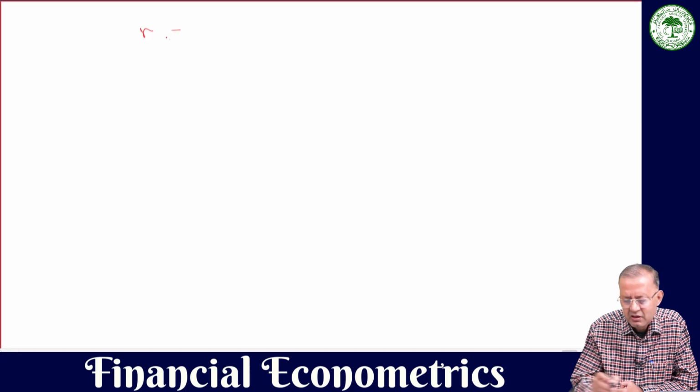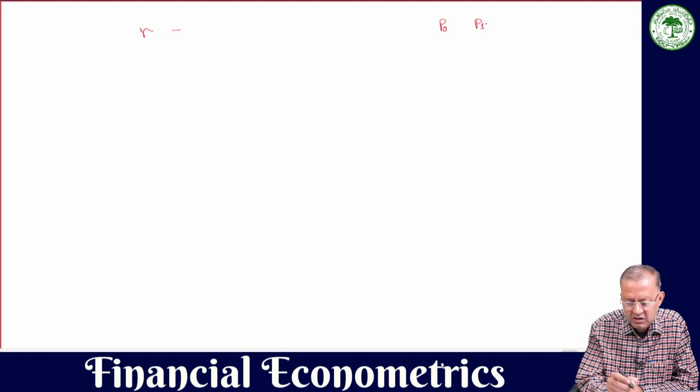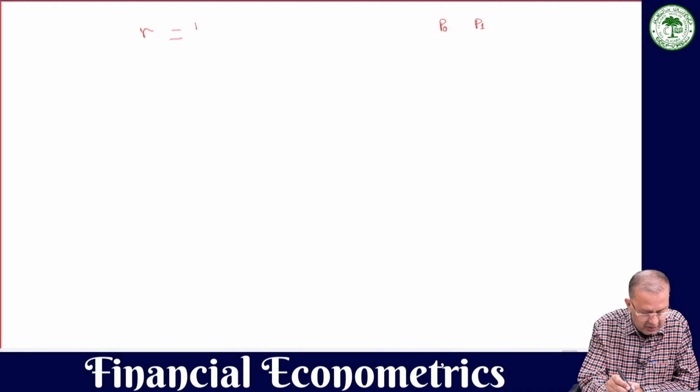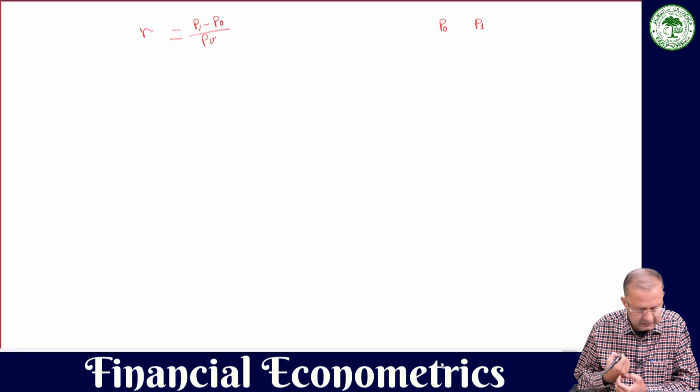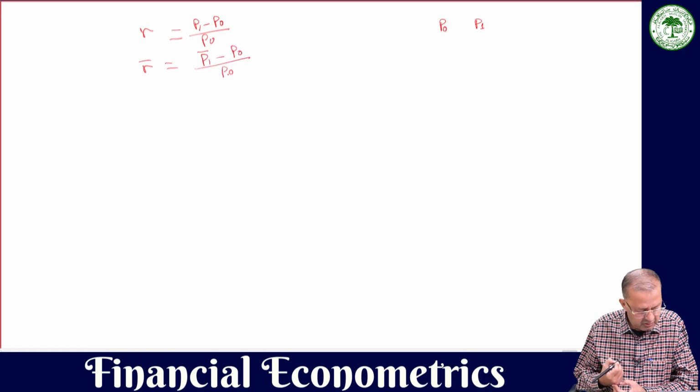Suppose an asset whose initial price is P0, after one time period one gets P1 amount, so the rate of return is denoted by P1 minus P0 upon P0. What about the average rate of return? This average rate of return is P1 bar minus P0 upon P0.